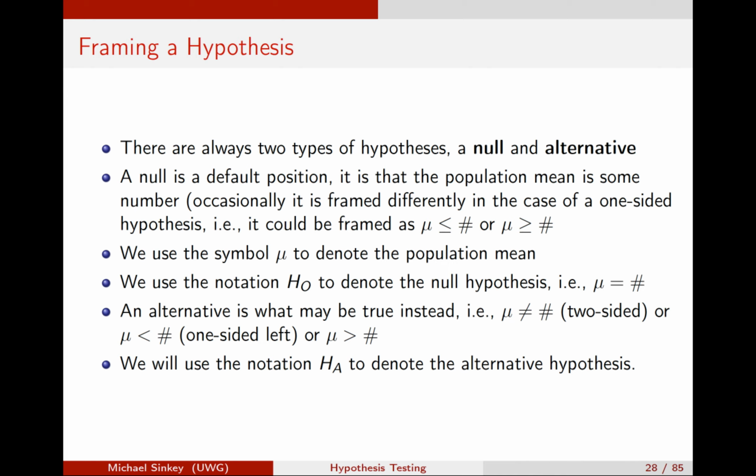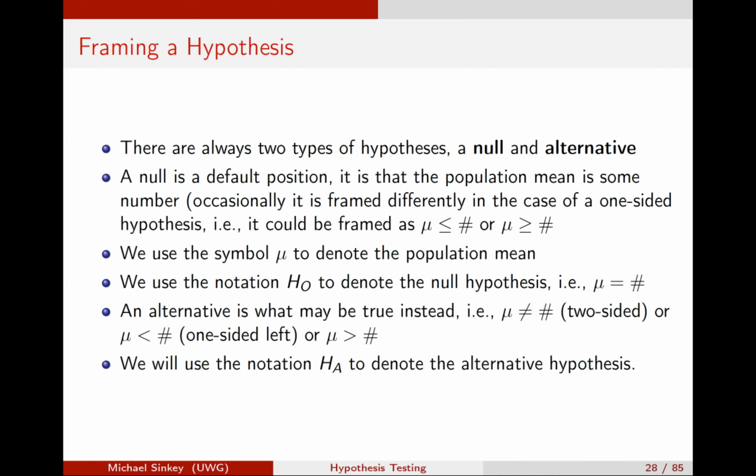So if you believe that the mean is some specific number, then the null is that mu is equal to that number. The alternative is what might be true instead. So I like to think of a hypothesis as just setting up two different categories of possibility.